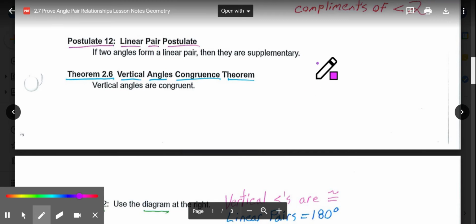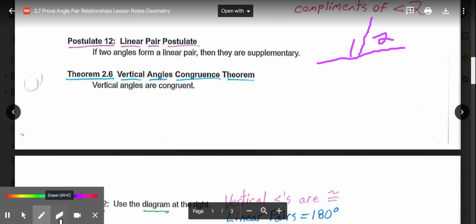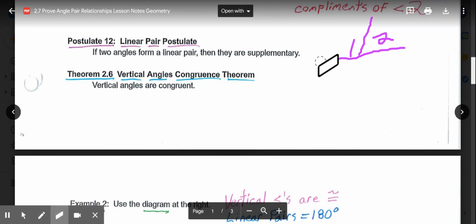So in this case, if I had, pretend that's a straight line there, angle coming down, angle 1 here, 2 here. Angles 1 and 2 would be a linear pair if this line down here was a straight line. So they are also supplementary.